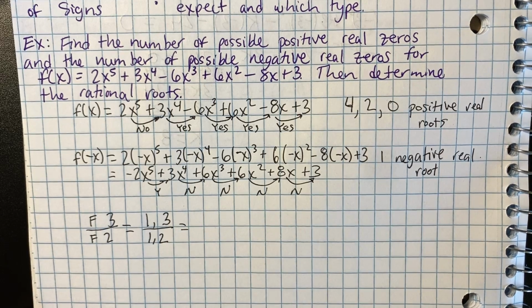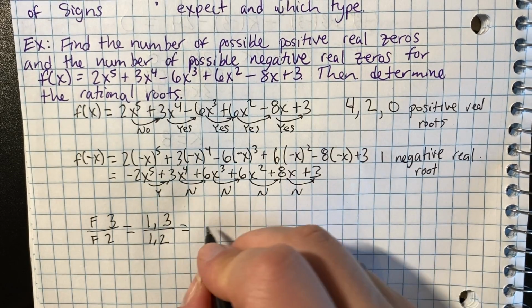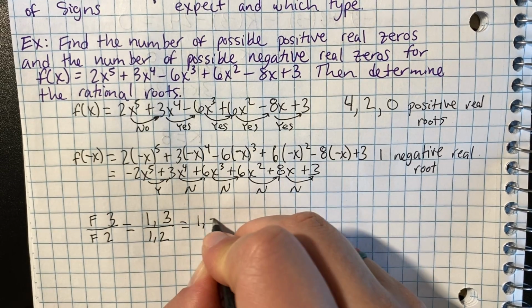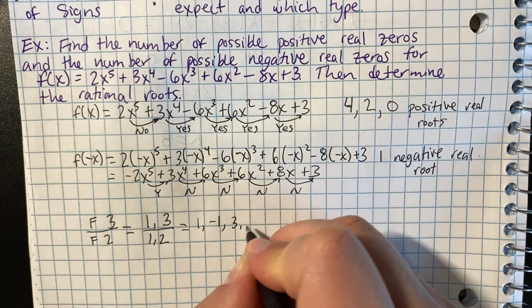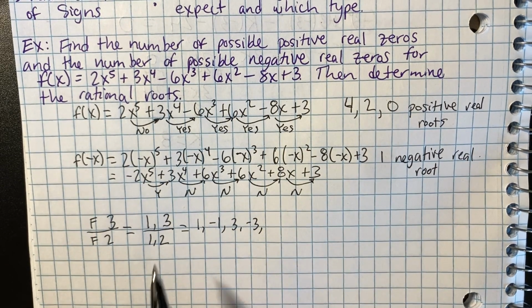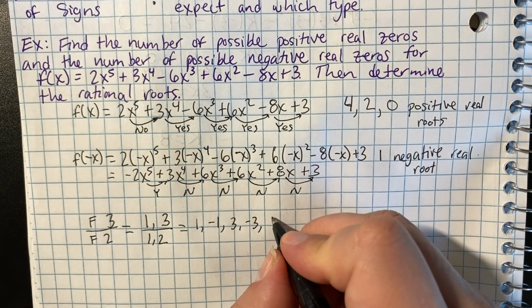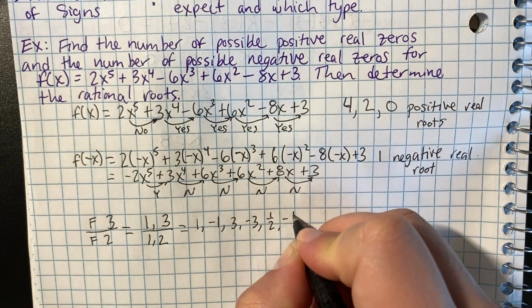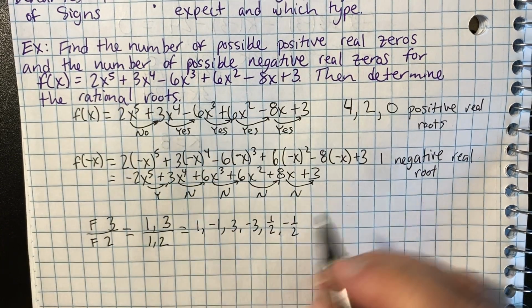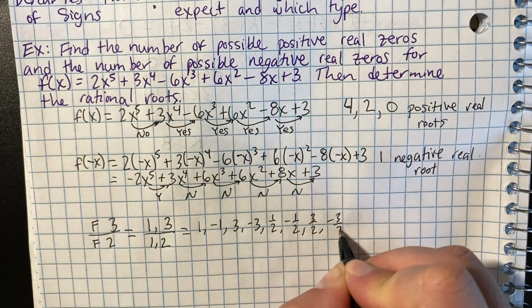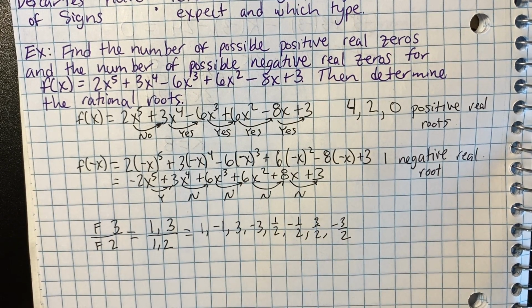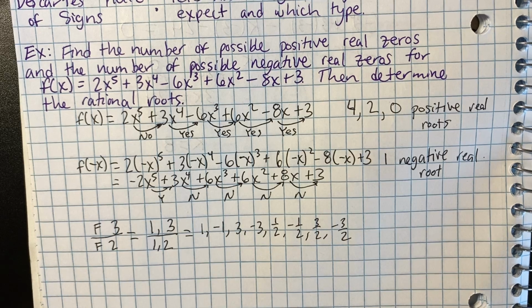So that means our possible factors would be 1 over 1, which is positive 1 or negative 1. 3 over 1, which would be positive 3 or negative 3. 1 over 2, so 1/2, or 3 over 2. Okay, so that would be our list.